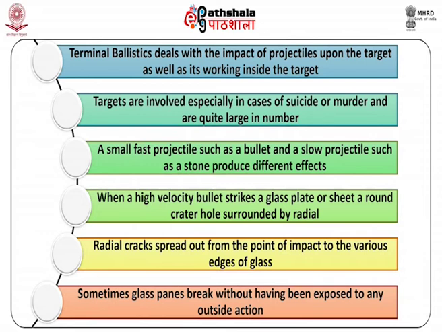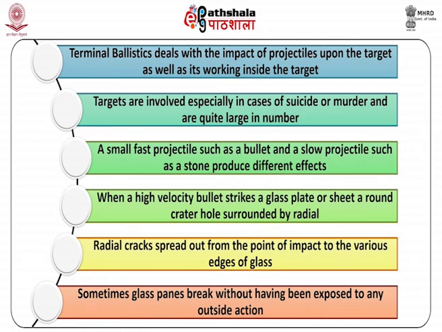A small, fast projectile, such as a bullet, and a slow projectile, such as a stone, produce different effects. When a high velocity bullet strikes a glass plate or sheet, a round crater or hole surrounded by radial and concentric fractures is formed on the glass. Simultaneously, we have learned that radial cracks spread out from the point of impact to the various edges of the glass, cross-linking as they go.